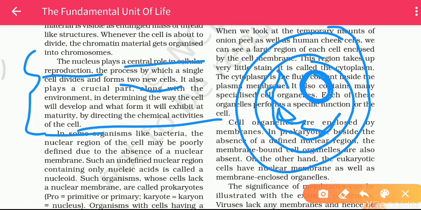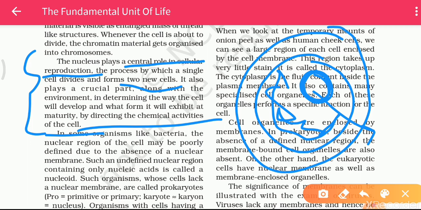Students, the nucleolus helps in the synthesis of protein also, because the nucleolus is made of RNA and protein. So this is about the function of the nucleus.